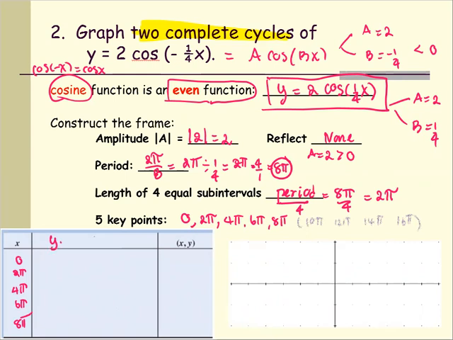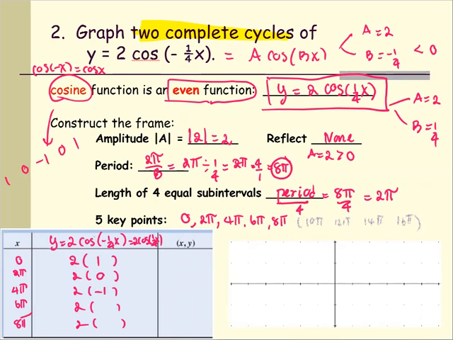The function is y equals 2 times cosine of negative 1 over 4x, so we're going to use the new form, which is 2 times cosine of 1 over 4x, or 2 times the 5 key point values of the cosine, which always follow the pattern 1, 0, negative 1, 0, 1.